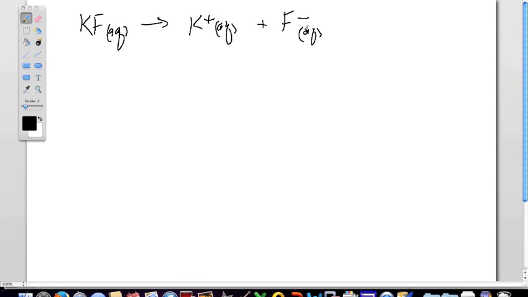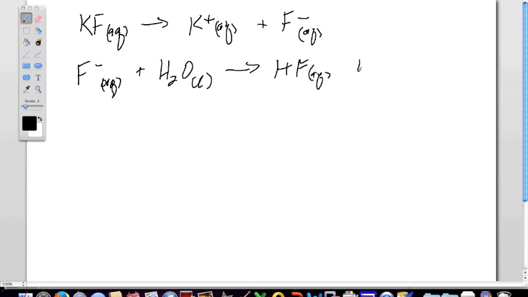Now, we want to see if this is a basic salt, so let's take a look at the fluoride anion and see what happens when it interacts with water, if it does. The fluoride ion, when put into water, could potentially pull a proton off of water. If it did, we would form hydrofluoric acid and hydroxide.